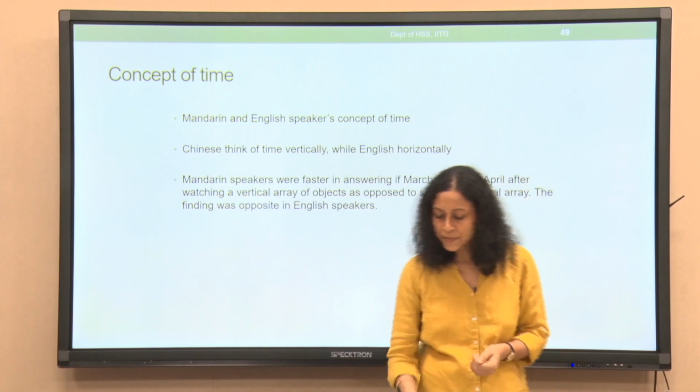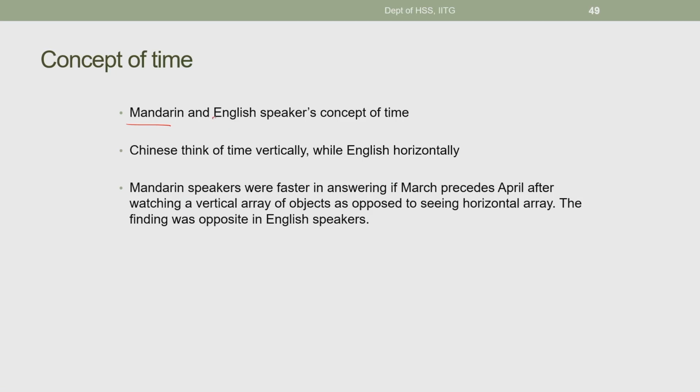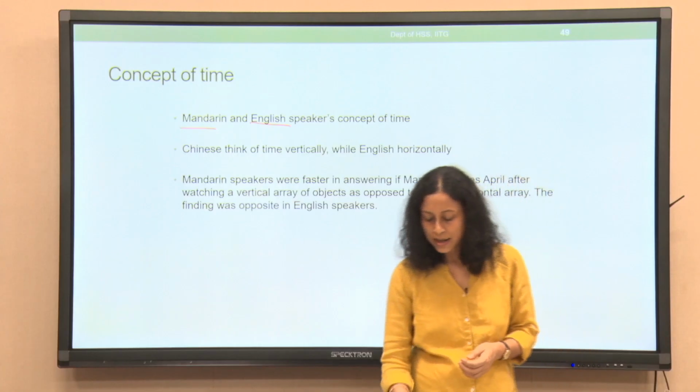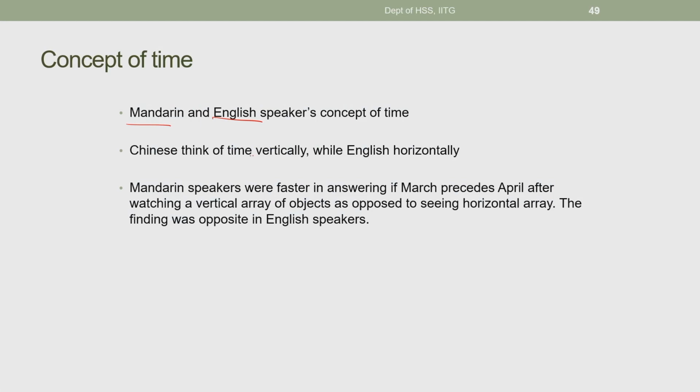Mandarin and English speakers' concepts of time are different. Chinese speakers tend to think of time in a vertical way, whereas English speakers tend to codify this in terms of horizontality. This has already been proved. There is a lot of research output available that has already established this.